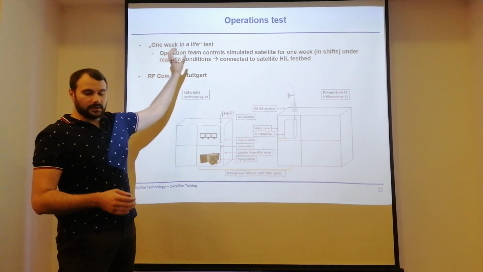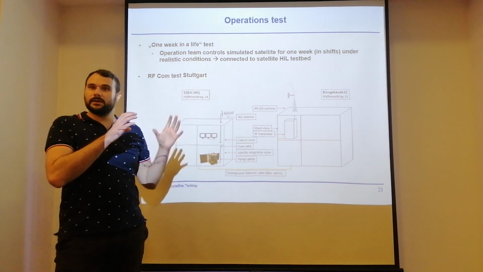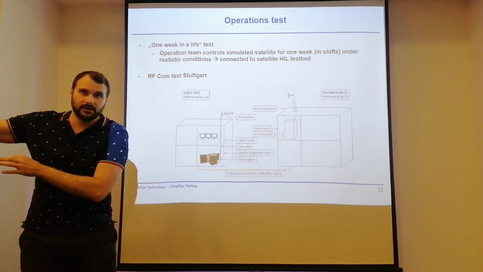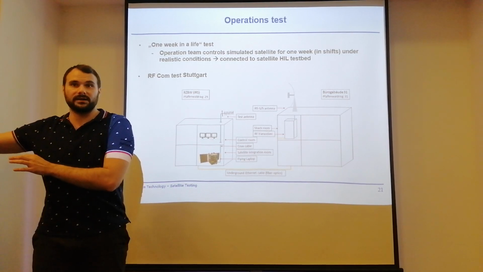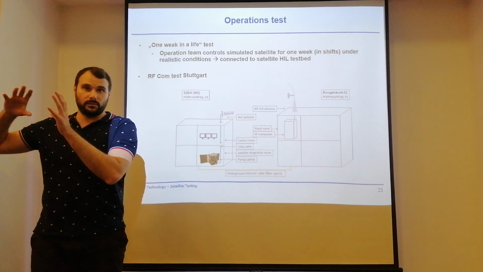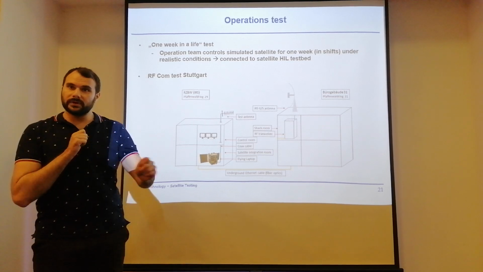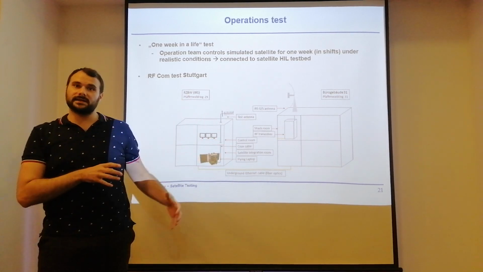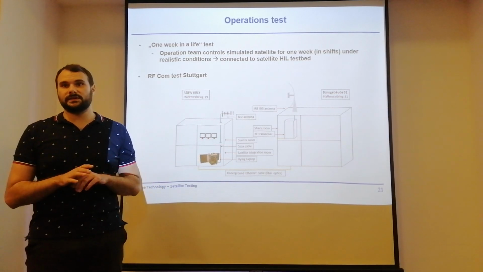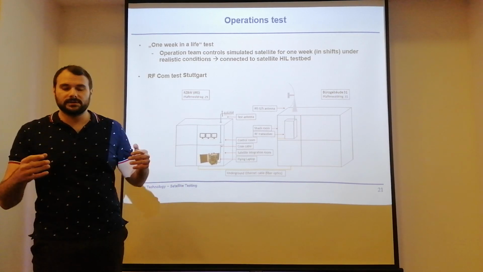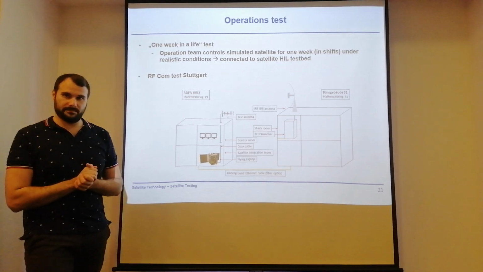So at that point, our ground control center connected to our hardware-in-the-loop test bench with the satellite completely simulated, and the simulation was kept running for a minimum of 1 week. And it was tested that when you operate the satellite as you would operate the later satellite, no contingencies are there, and if there are some, we introduced some test cases in order to train the operations team.